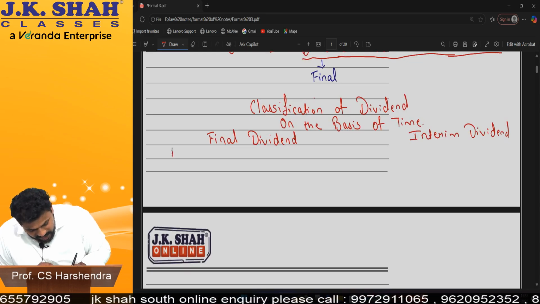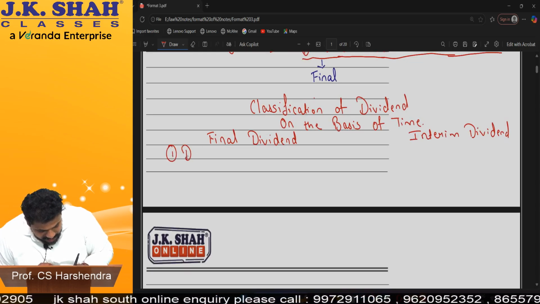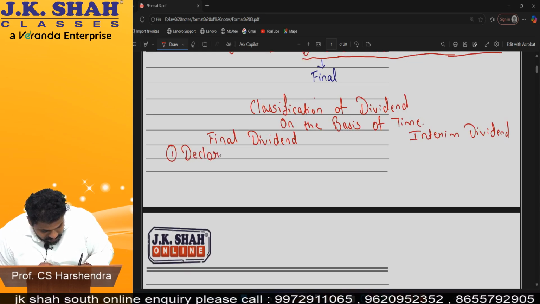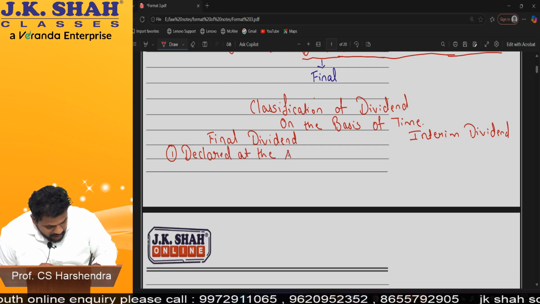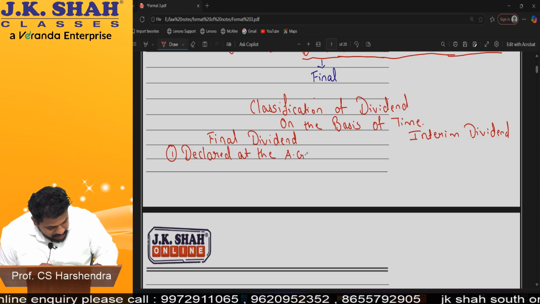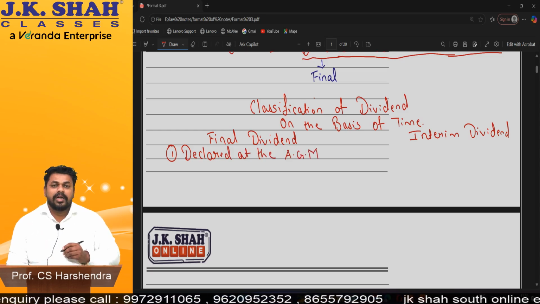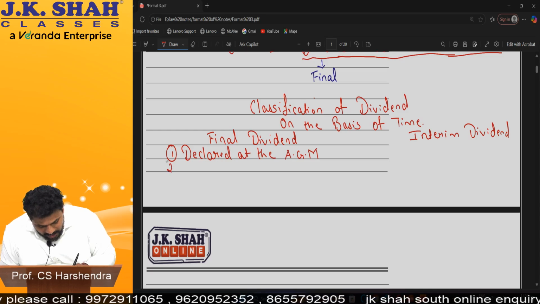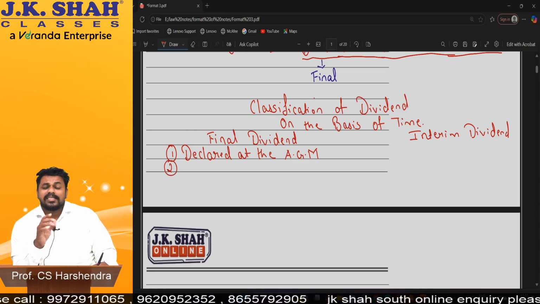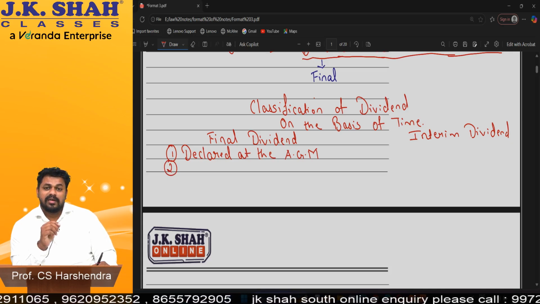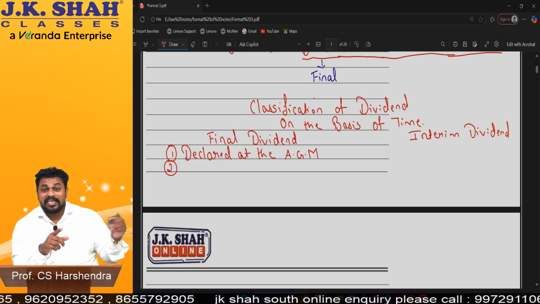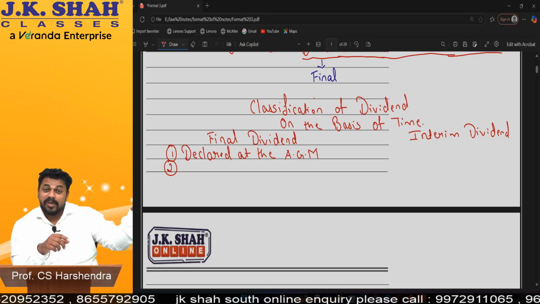So what is written here? See, final dividend is declared at the annual general meeting. I'm writing AGM. I hope you'll understand. Second, beta, who declares it? Who declares a final dividend? Members in the members meeting. That is the reason it is declared in AGM, because members have to approve it.